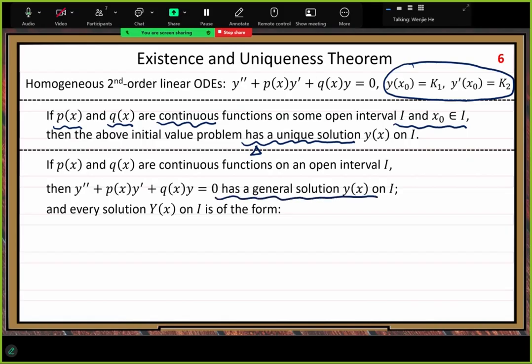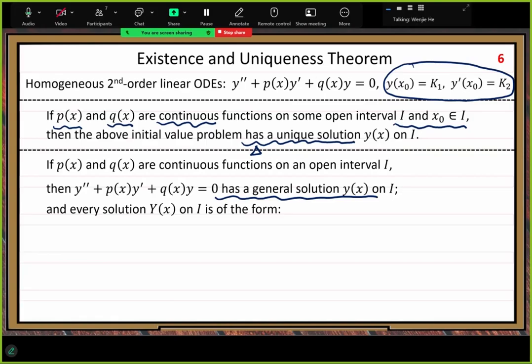So this is the existence part. Definitely it's not unique, because for general solutions there are infinitely many. So for this one, we do not look at the uniqueness, because it does not make sense.